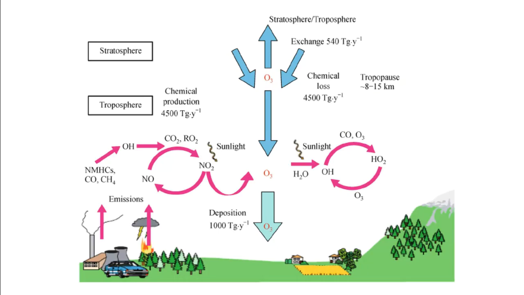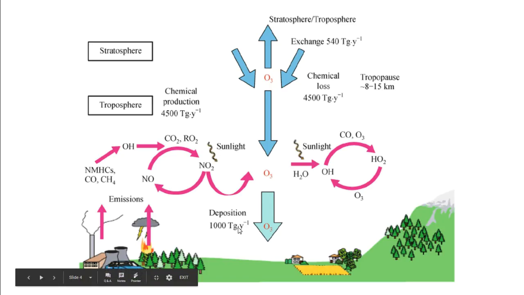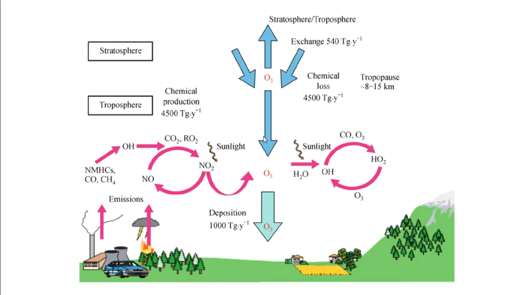So again, this is also looking at the quantities in teragrams per year. This is a lot of ozone being produced and exchanged. So here you're looking at gas exchange of ozone. Some of it gets deposited into the system on the surface. Other ozone gets emitted back into the stratosphere, and some of it stays in the troposphere.